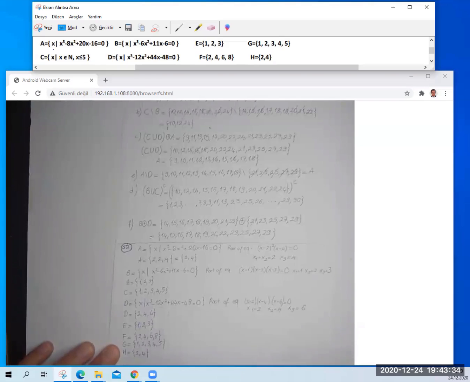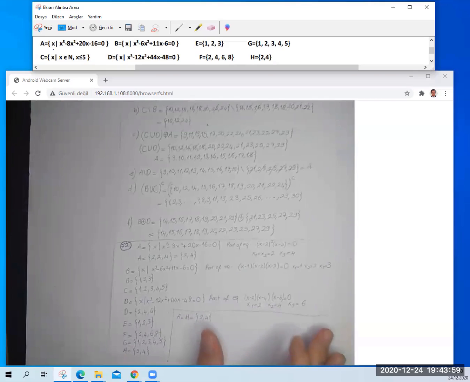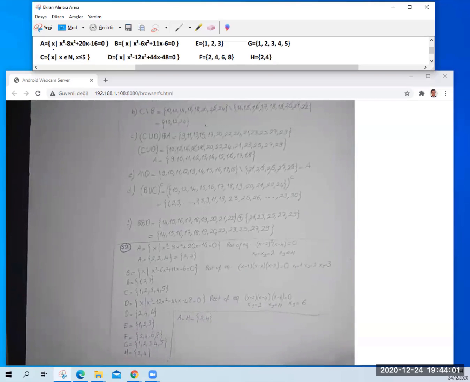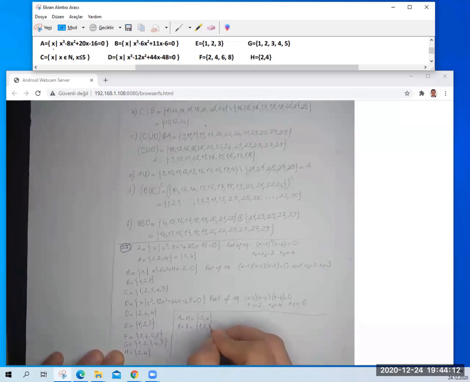If we have a place, I will try to write our relation here. Okay, A is equal to H, right? So this is 2 and 4, both sets have the same elements. And B and E also are equal to each other, 1, 2, and 3.